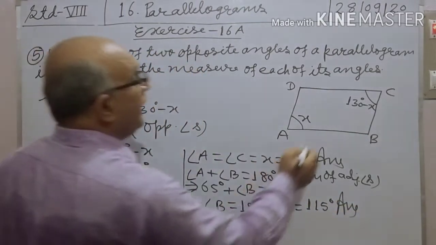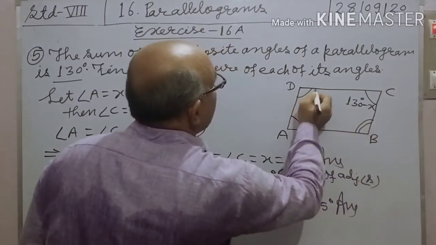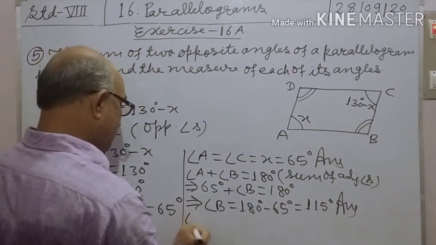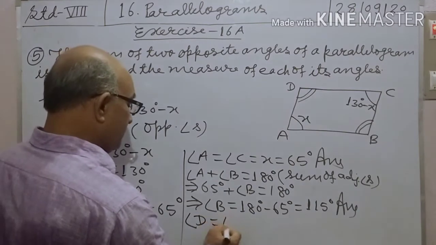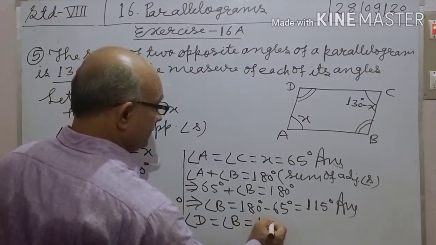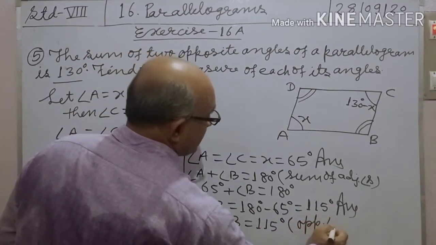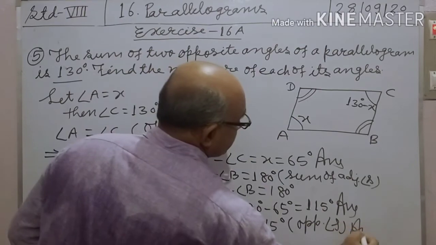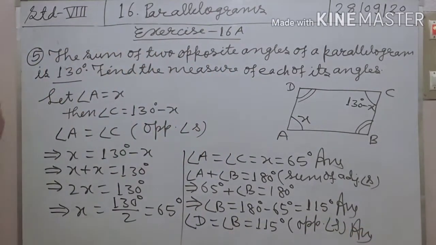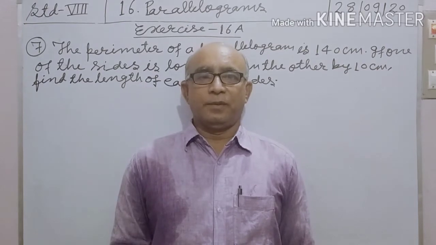Now we have to find the angle D. Angle B equal to angle D, opposite angles are equal. Angle D equal to angle B equal to 115 degrees. Understand and write it.